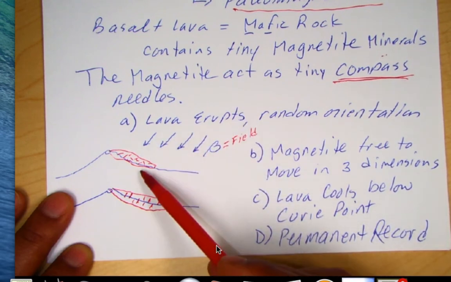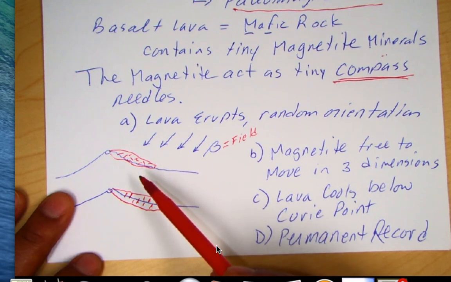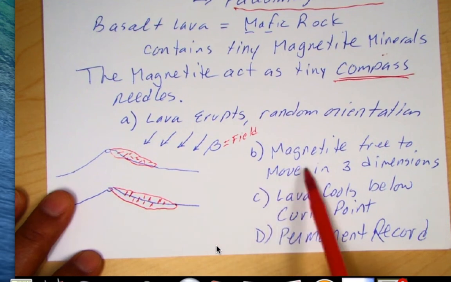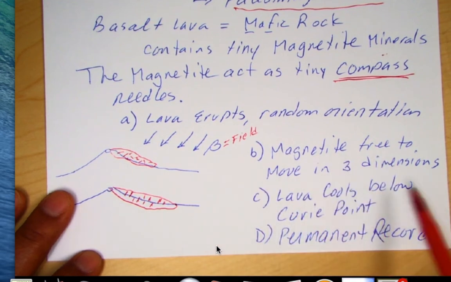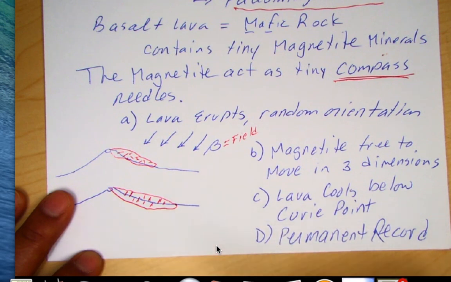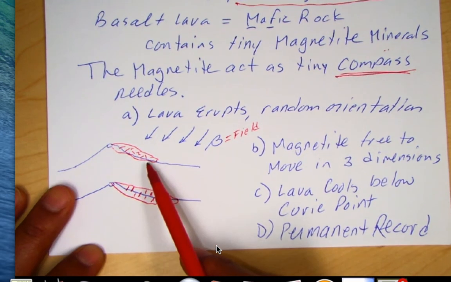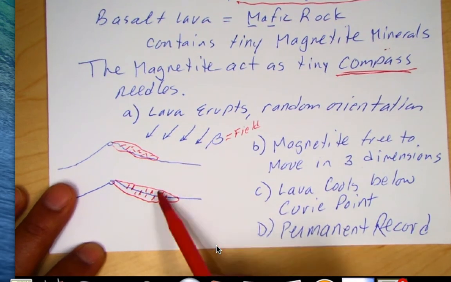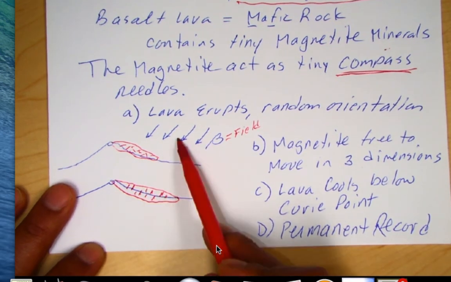And so the minerals start to sense that, and they're going to start rotating and move into position. So magnetite is free to move in 3 dimensions. It can move in the left-right direction or the up and down direction. So it's free to move in 3 directions. And so what happens is the little magnetite minerals align themselves in the same orientation as Earth's magnetic field.